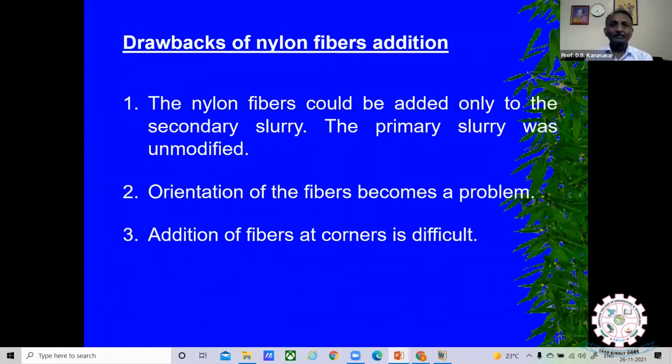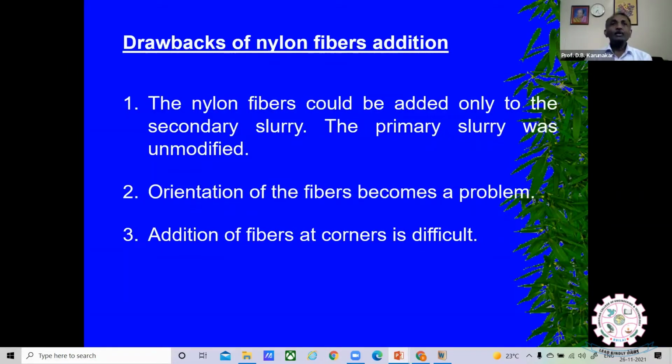What are the drawbacks of these nylon fibers? Nylon fibers could be added only to the secondary slurry. The primary slurry was unmodified. What is this primary slurry and secondary slurry? Actually, when building the ceramic shell, we use two slurries. The first slurry, or the primary slurry, is made of extremely fine ingredients.